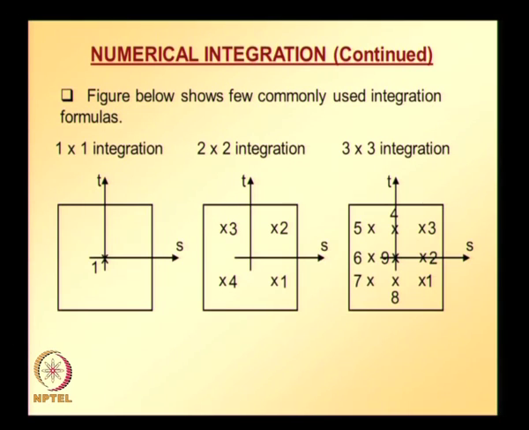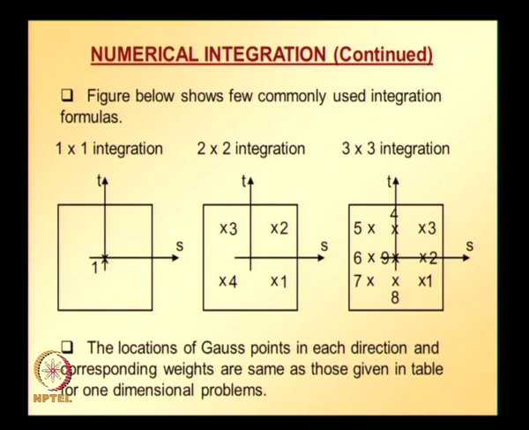If it is 3 by 3 integration, 3 points along the s direction, 3 points along the t direction. The locations of Gauss points in each direction and the corresponding weights are the same as those given in the table for one-dimensional problems, which we already looked at. They are repeated here for more integration points.